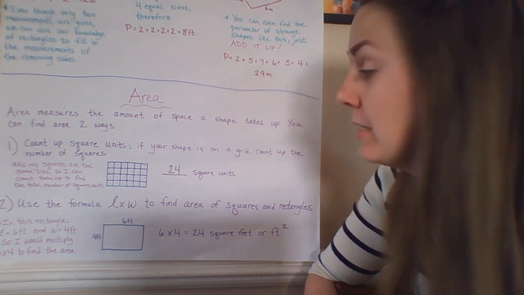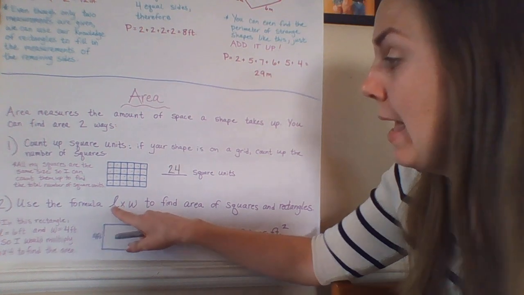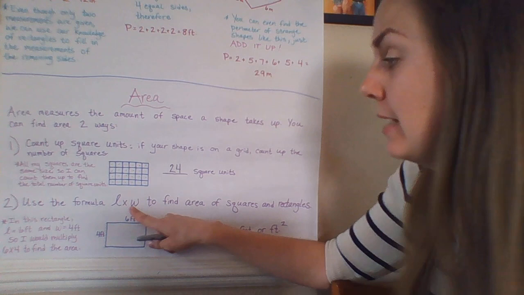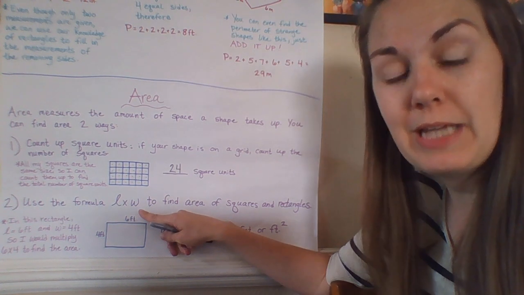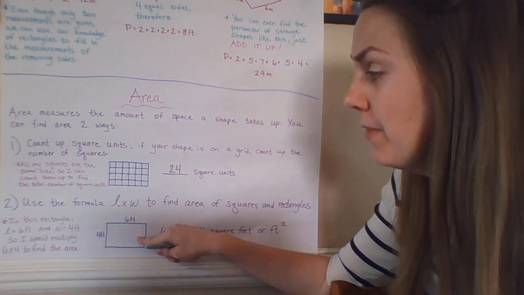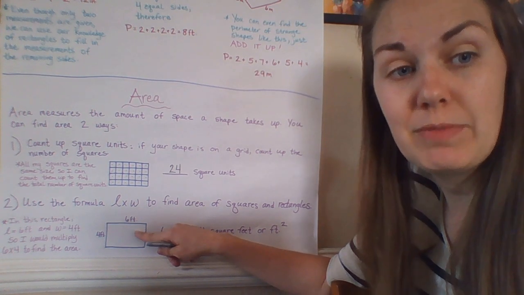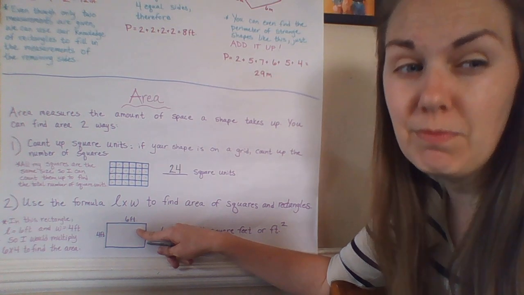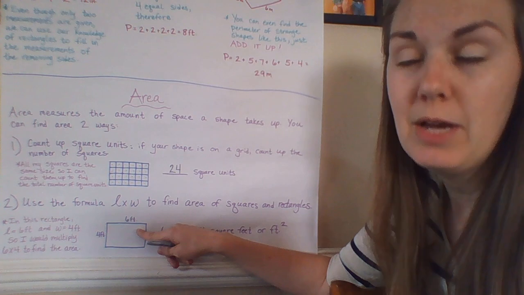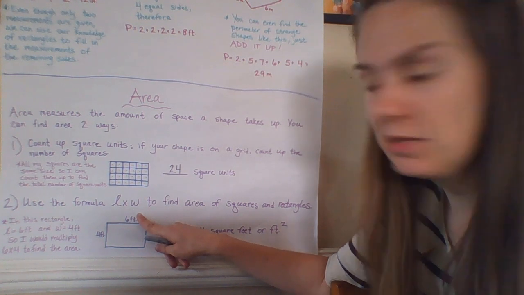And all you need to know is that A stands for area, L stands for length, and W stands for width. So when you have a square or rectangular shape, you can figure out the area by finding length times width. If you are finding the area of other shapes, the formula is going to change, but what we're just going to be focusing on is length times width.